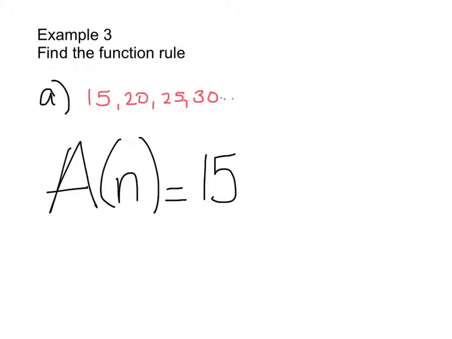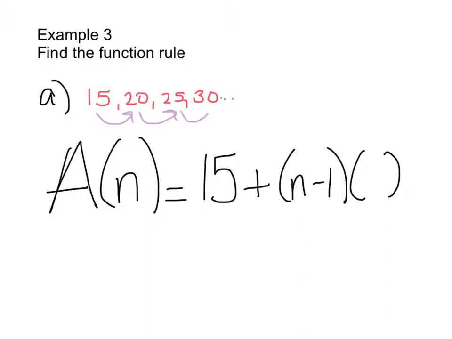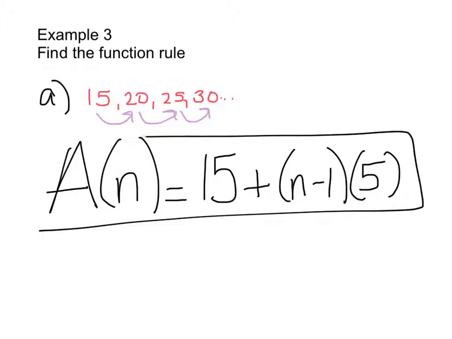The first term. The first term is 15. Plus n minus 1 times the difference. What's the difference? What's happening each time? It's going up by 5. So our common difference is 5. So this would be your equation or your function rule written for the arithmetic sequence.